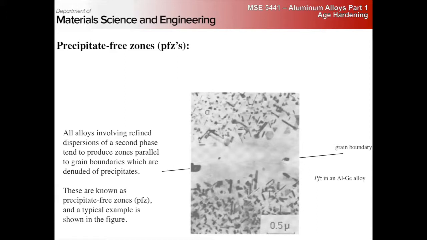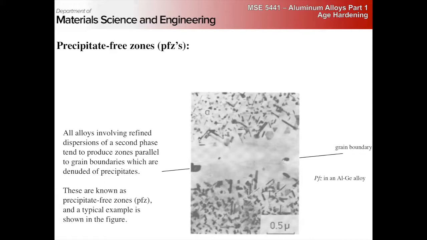I also have the same for my precipitates. So basically, these are different variants. They all satisfy the orientation relationship, but they're different rotations in space. It's a different crystal orientation, but they satisfy the orientation relationship.